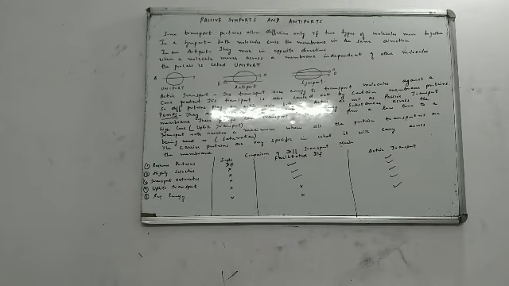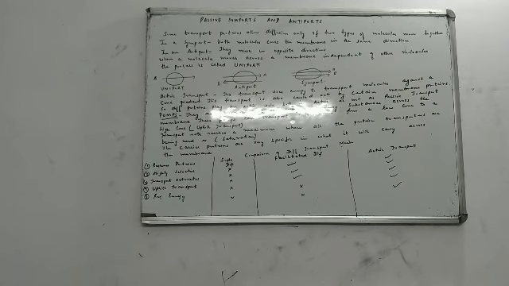Now I made a small table and I have written certain parameters. First is requires proteins or not. Simple diffusion does not require, so I put a cross. Facilitated diffusion does require proteins, so I put a tick. Active transport also needs proteins, so I put a tick. Second is highly selective in nature or not.